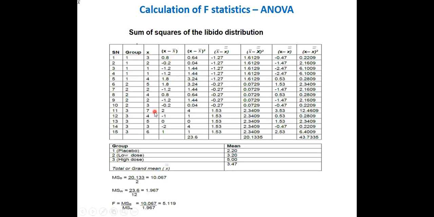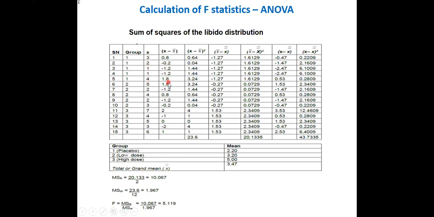As we learned in this third column, what we did here is remove the mean of group 1, which is 2.2, from all the values 1 to 5 in that group, and that gives us this.